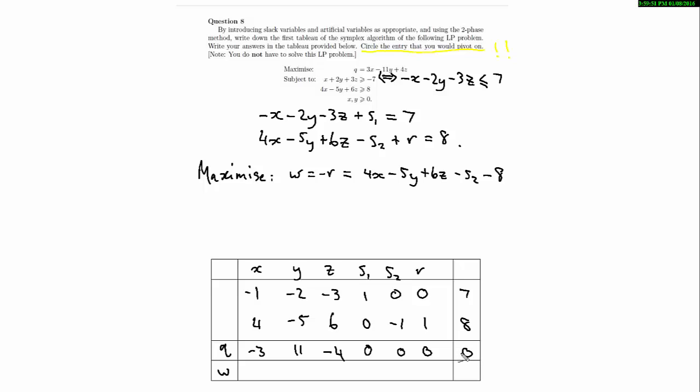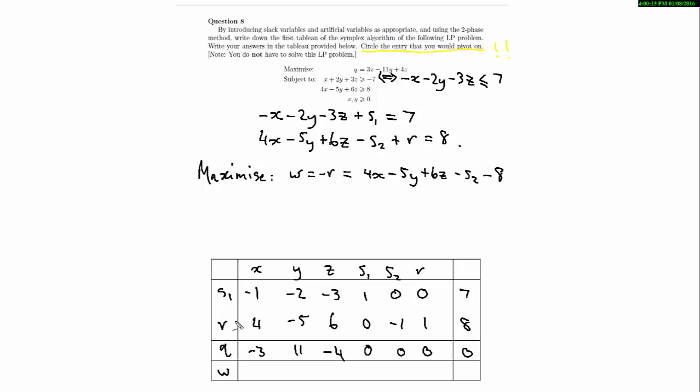Okay, so I'm going to stop here for a second and have a look at what our basic variables are for this maximization problem up here. So up the top here we have S1. As we see, we have 1 and 0 in every other row. And for this row we have R being our basic variable.